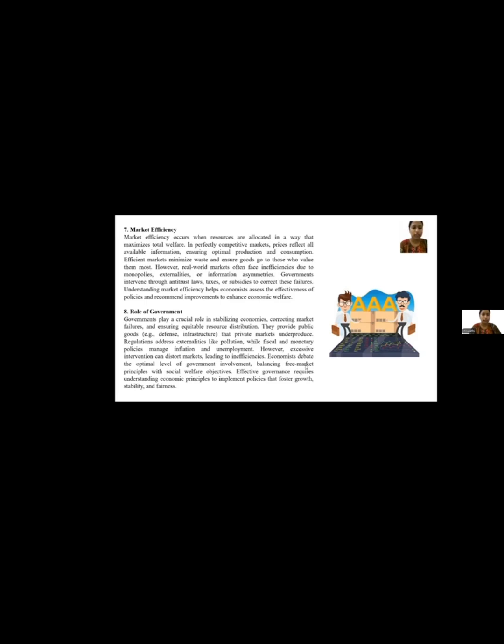However, excessive intervention can distort markets, leading to inefficiency. Economists debate the optimal level of government involvement, balancing free market principles with social welfare objectives. Effective government requires understanding economic principles to implement policies that foster growth, stability, and fairness.